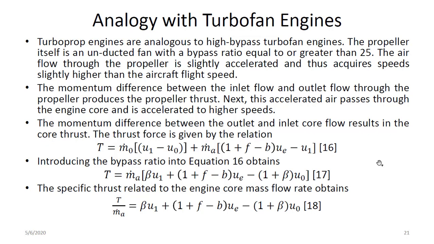And from equation 17, which is the total thrust, if you divide by the mass flow throughout, you get the specific thrust. Which is merely dividing equation 17 by m_a dot, and you get equation 18, nothing strange.